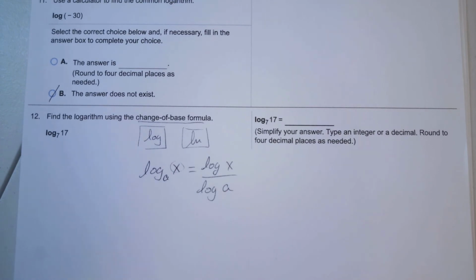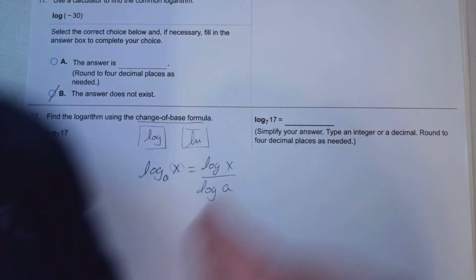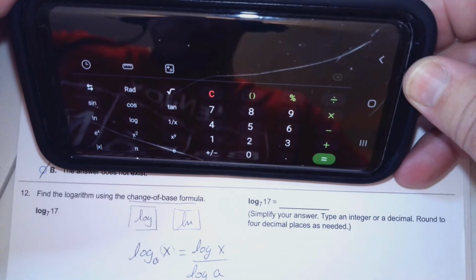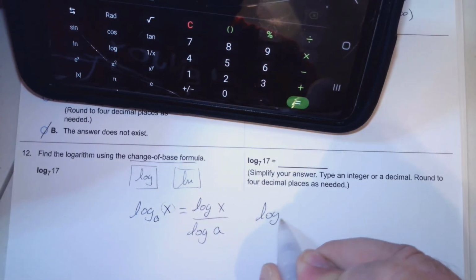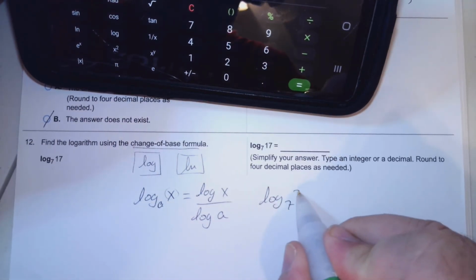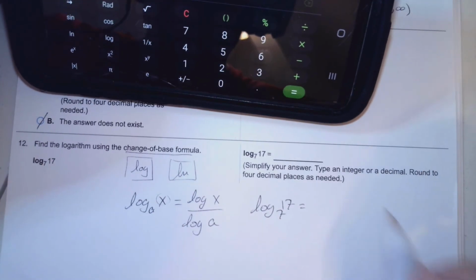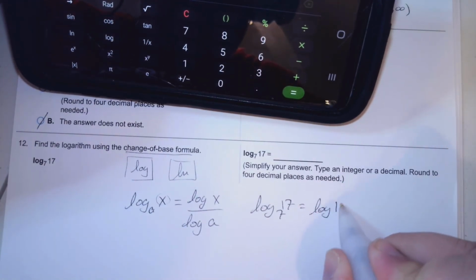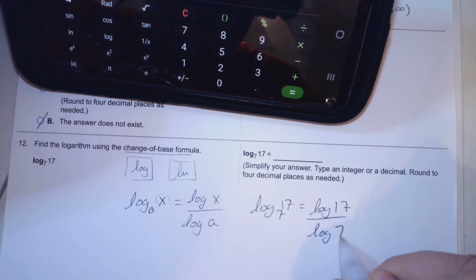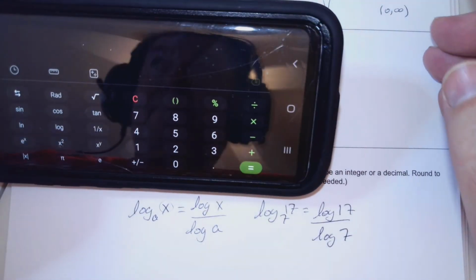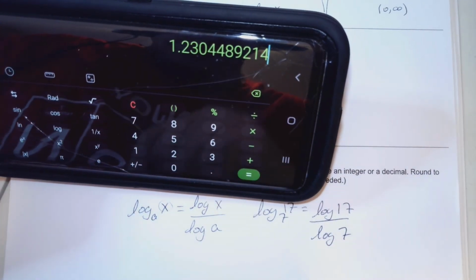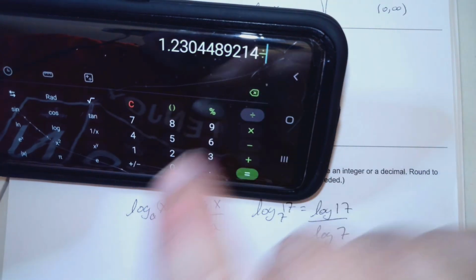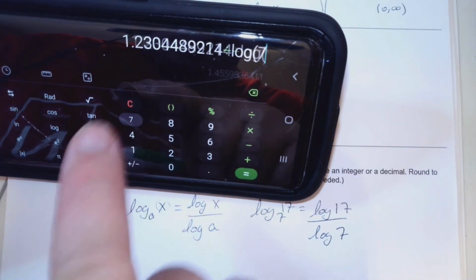So in ours, we have log base 7 of 17, which becomes log 17 over log 7. So log 17, divided by log 7.